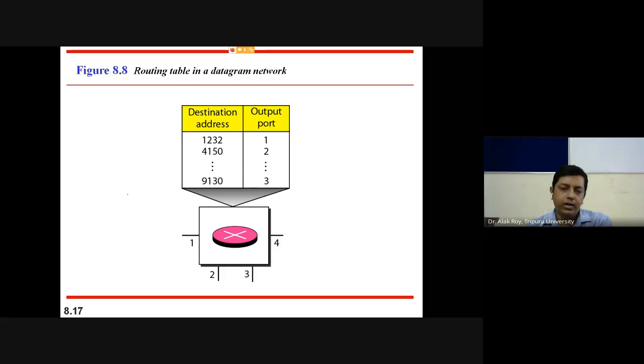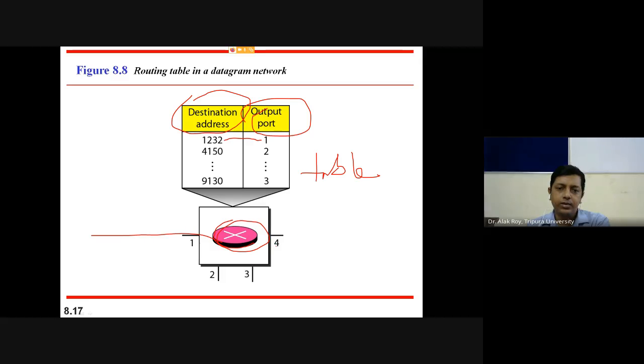So a datagram network uses a table of destination address and output port. That is a table maintained in the switch, like for which destination address which port will be used. Like for 1232 destination address, port number 1 will be used.